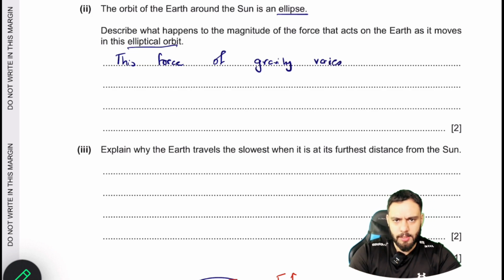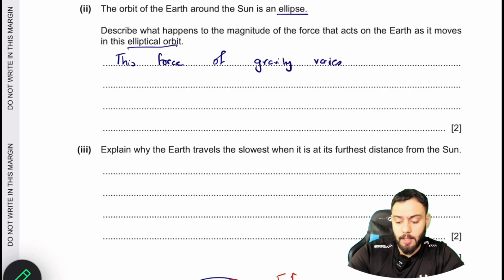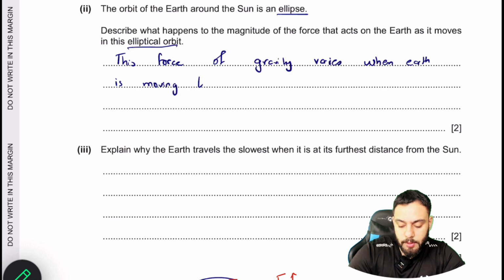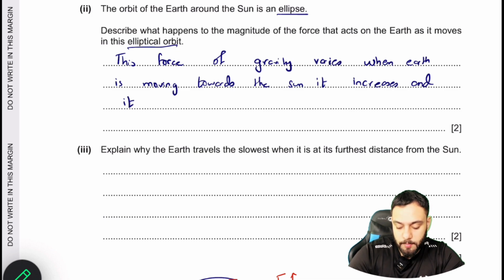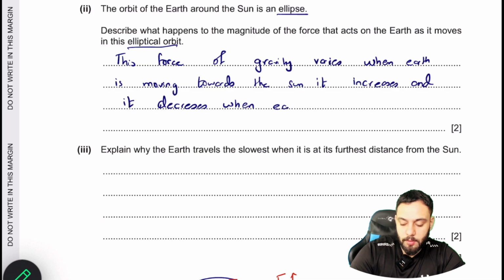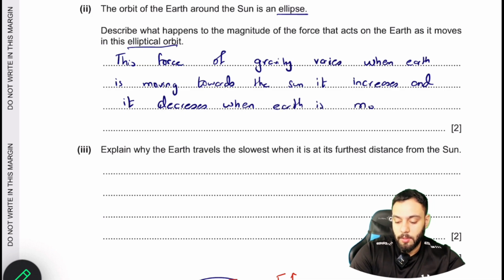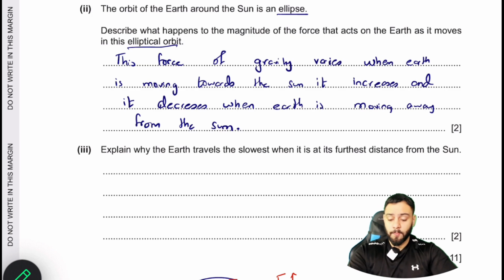The force of gravity is always going to be varying, and when the Earth is moving towards the Sun, it increases, and it decreases when the Earth is moving away from the Sun. So your answer is going to be along these lines.